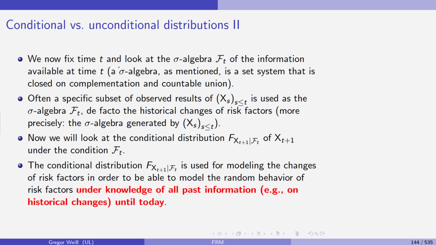So if we now fix time, and look at the sigma algebra F_t of the information available at time t, you look not just at a distribution conditional on a set A, also bedingte Verteilung von X unter der Menge A. Instead of A, you can also use a sigma algebra like F. So you don't use a set here, but a so-called sigma algebra.